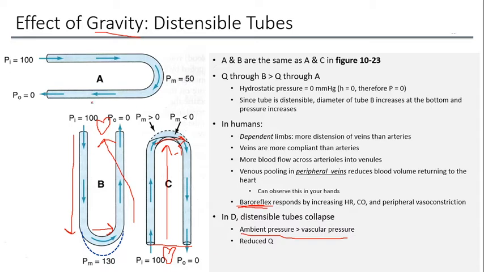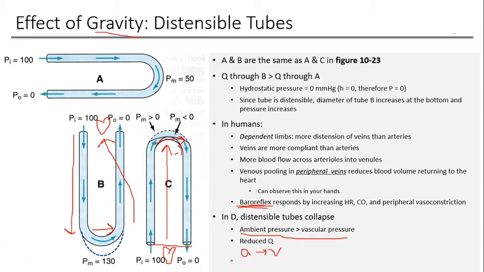So the effects of gravity, ultimately, increase flow from the arterial side to the venous side below the heart, right? But there is a reduced flow above the heart.